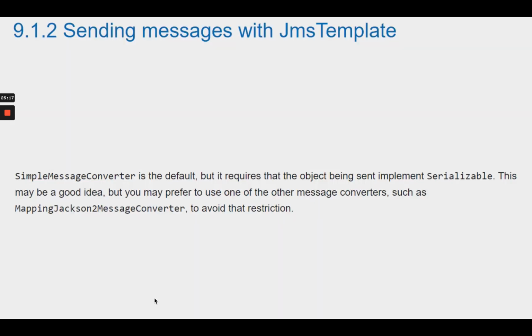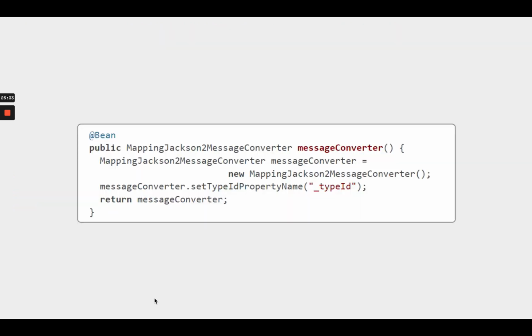SimpleMessageConverter is the default, but it requires that the object being sent implement Serializable. This may be a good idea, but you may prefer to use one of the other message converters, such as MappingJackson2MessageConverter, to avoid that restriction. To apply a different message converter, all you must do is declare an instance of the chosen converter as a bean.